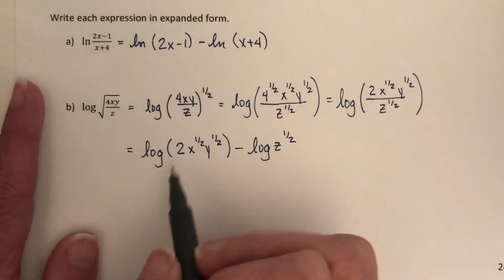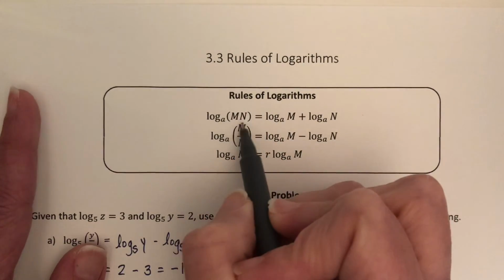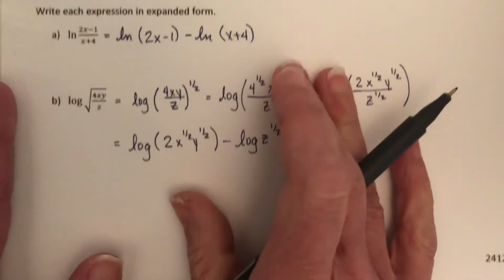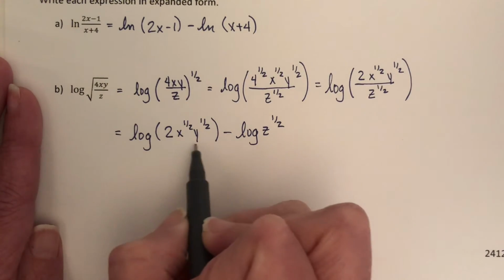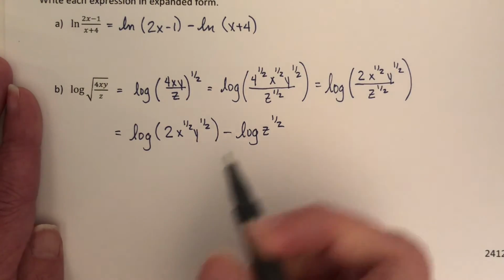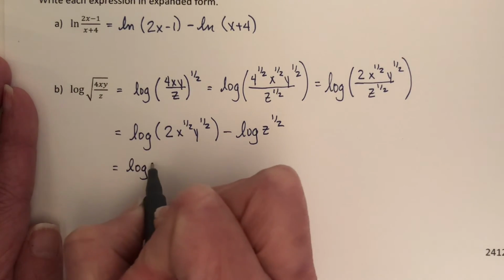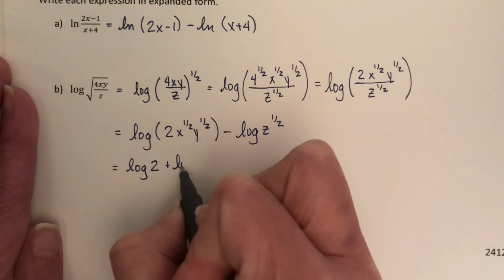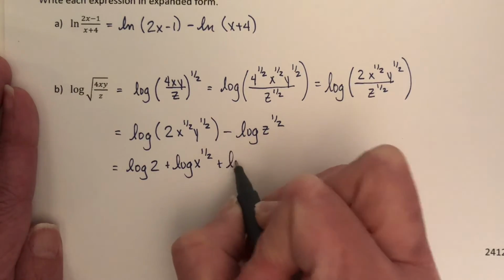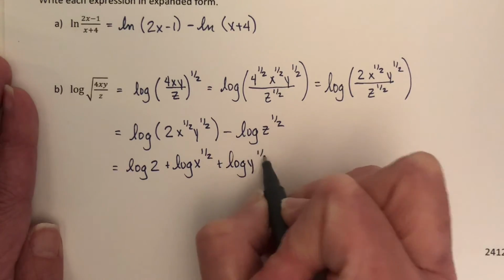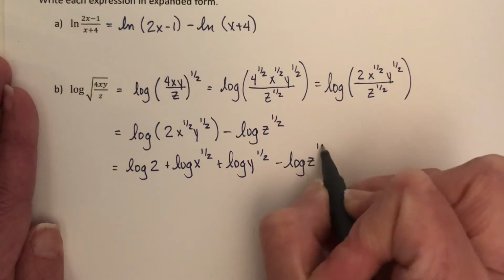Okay, now this is multiplication, and even though our property is written with only 2 things multiplied, it does extend to however many things we have multiplied together. So I can split this into 3 logarithms and put a plus sign between each of them. So this is log 2 plus log x to the 1/2 plus log y to the 1/2 minus log z to the 1/2.